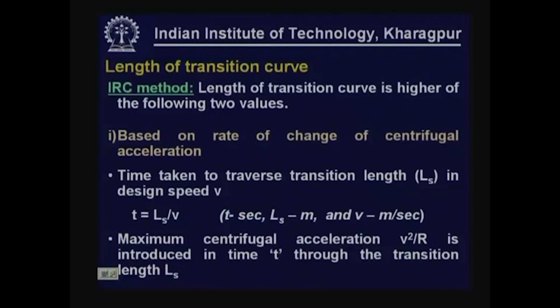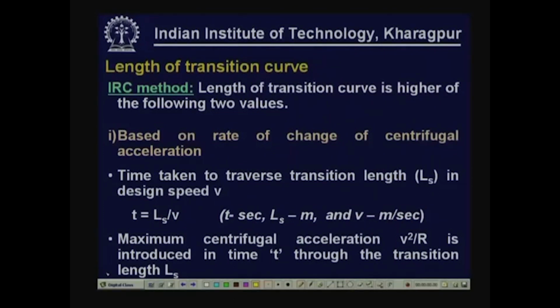Number 1, based on rate of change of centrifugal acceleration. Now, if Ls is the length of the curve and V is the design speed, then the time taken to traverse transition length Ls at design speed V is nothing but Ls by V, length by speed in a simple manner.